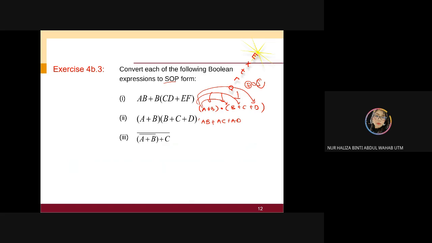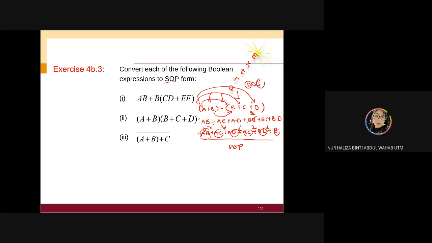You multiply with A first. Second, you multiply the B: BB plus BC plus BD. Then you can simplify this. Then what you will get is AB plus AC plus AD plus BC plus BD plus B. This is your SOP because you have a multiplication, which is a product, and you sum, which is adding.